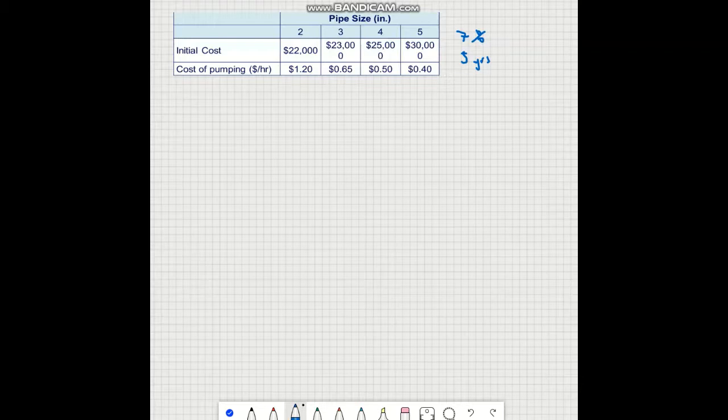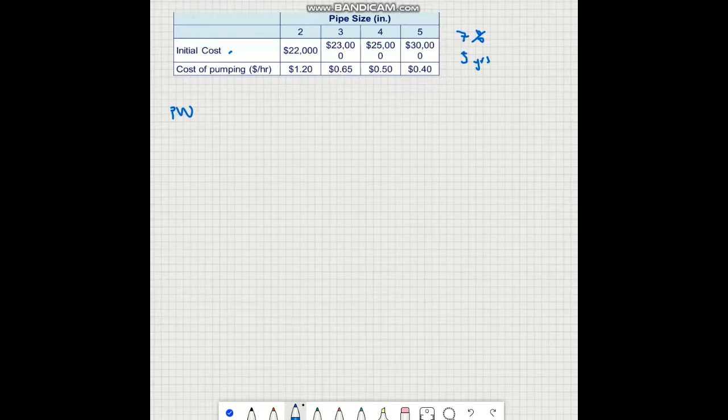If you want to design a piping network for a building, when you compare, you need to take into account the initial cost plus the cost of pumping, which is billed hourly because of the electrical energy you consume. Each pipe size has different prices, so let's find all of their present worth of cost.